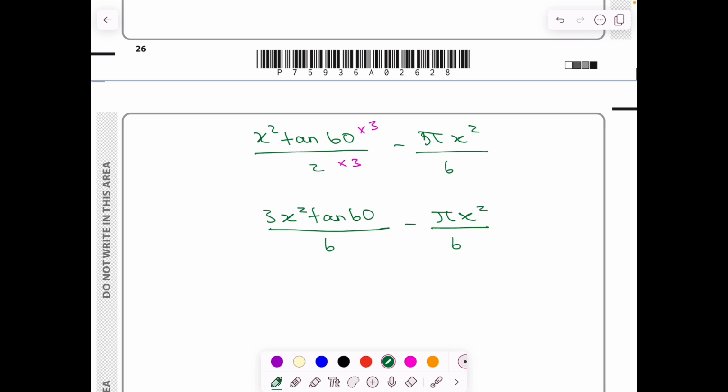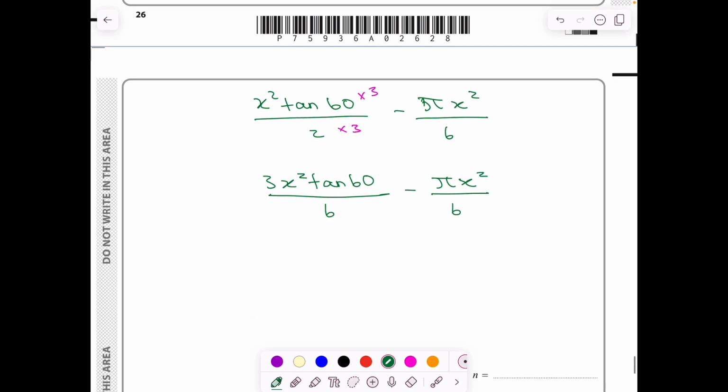And so that now they are combined, I can take out the x squared, leaving 3 tan 60 minus pi, all over, so I didn't need to put a bracket there, all over 6.